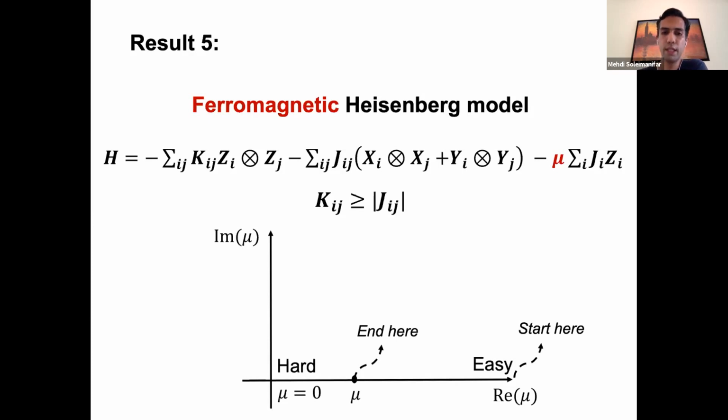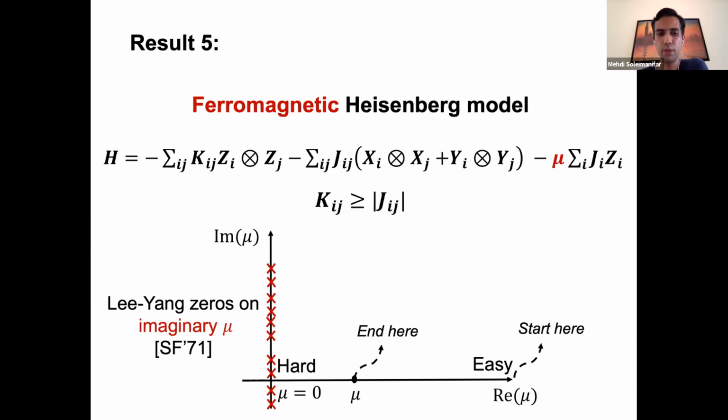So instead of looking at the complex beta plane, you can now look at the complex mu plane. And in order to do Taylor expansion, again, you need to know where these complex zeros are. This can be done by mapping this system to a classical spin system and looking at the complex zeros of that system. This has been done by Suzuki and Fisher, and they've shown that the complex zeros are all on the imaginary axis.